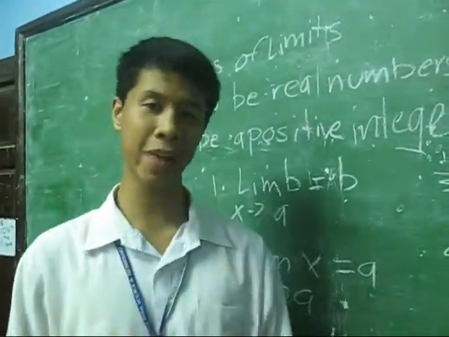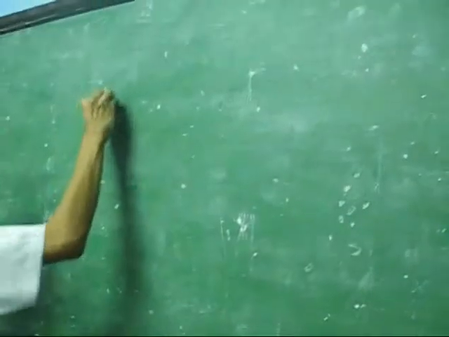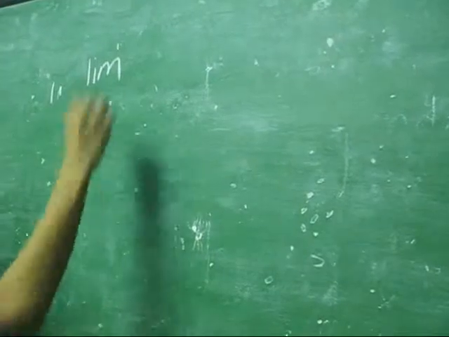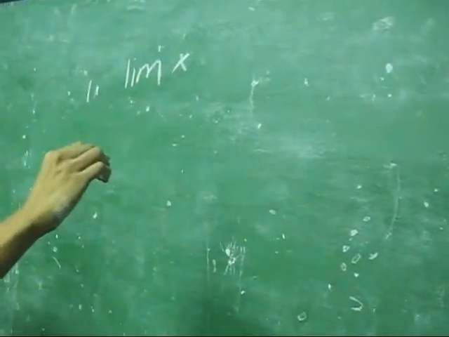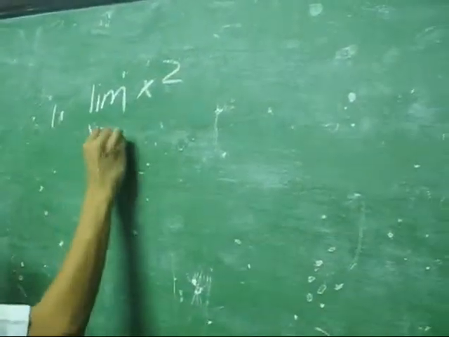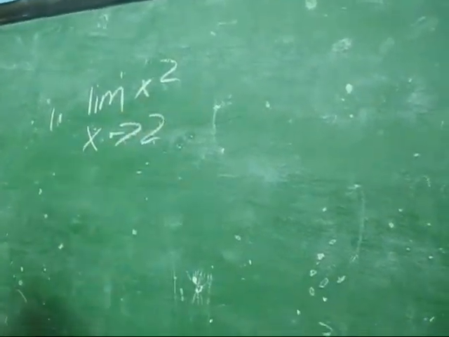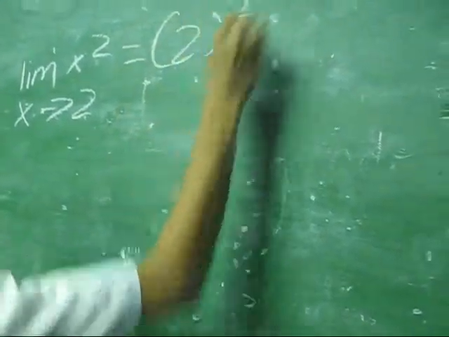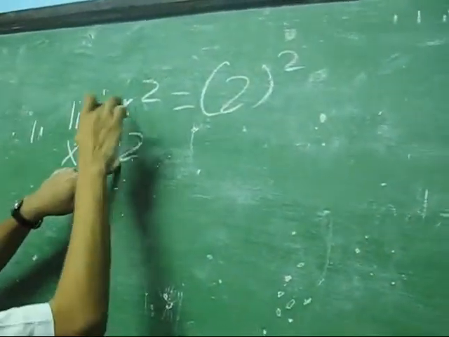Now I will give some examples. For our first example, for our first property, let us give limit of x squared as x approaches 2, it will be equal to 2 squared. We will only substitute 2 for x.